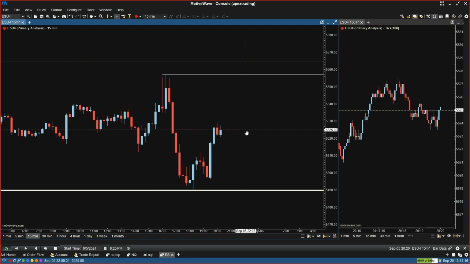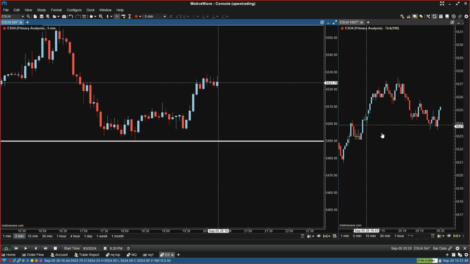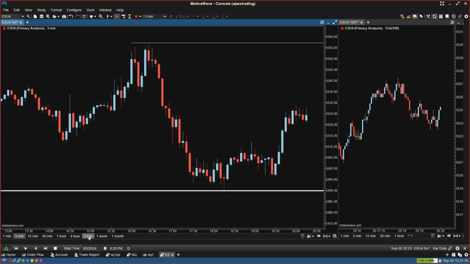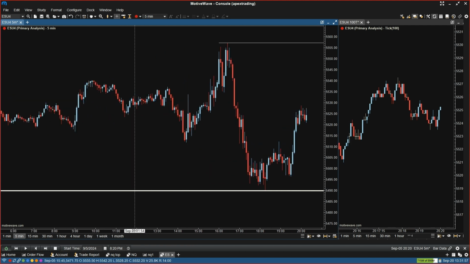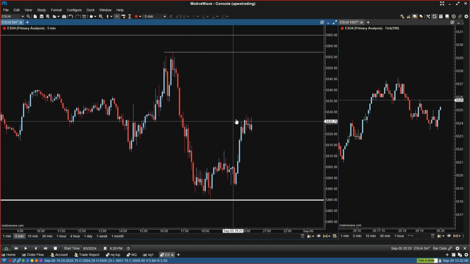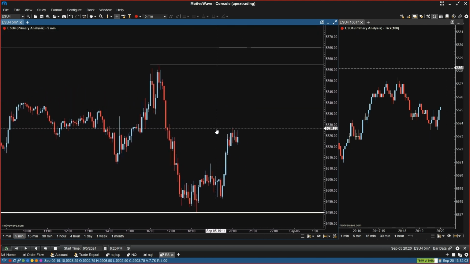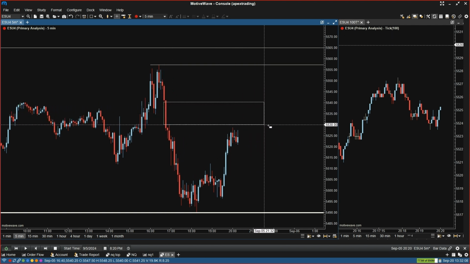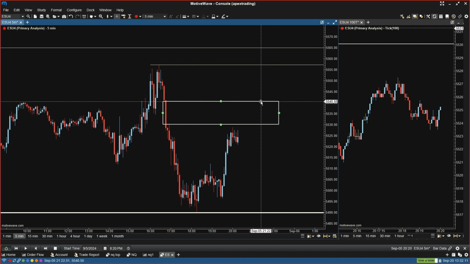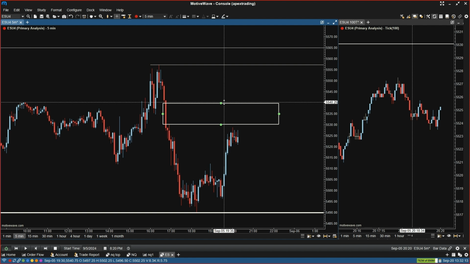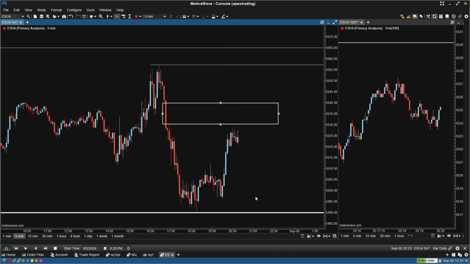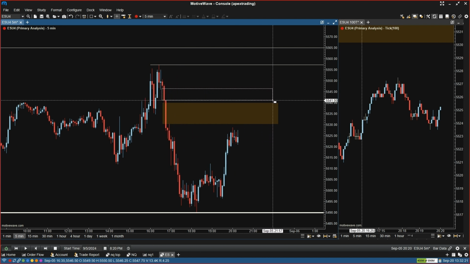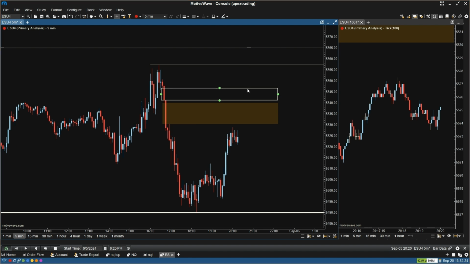So if we move further to the 5 minutes before moving to the micro time frame, okay? So as we said earlier, we are looking at the fair value gap here that is untapped, right? As well as this fair value gap on top, right?